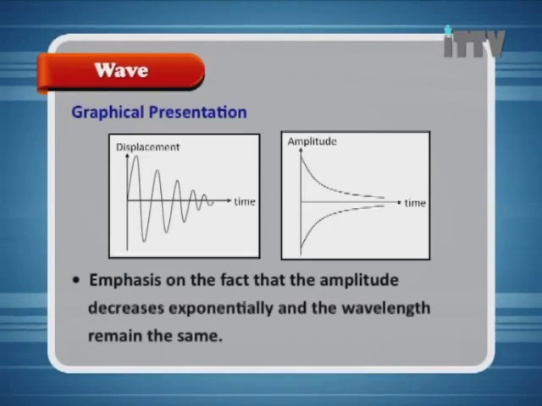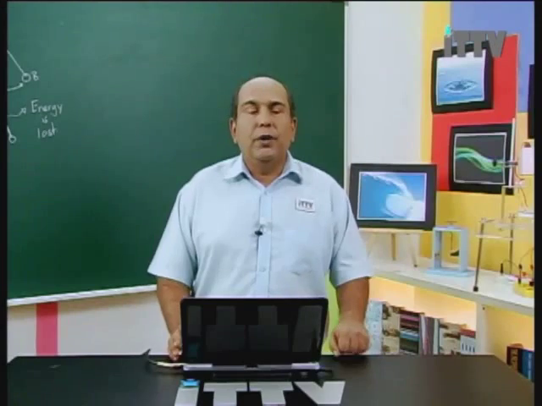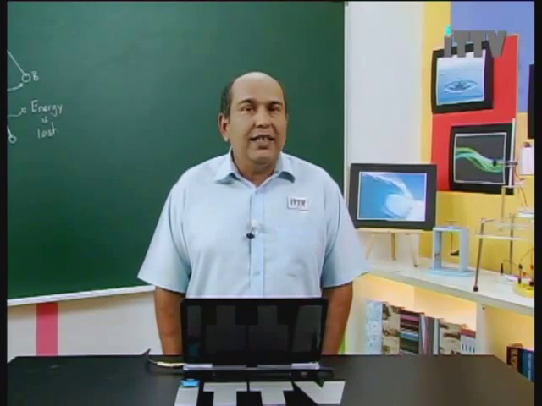So in damping, please remember this, the wavelength is not going to be affected. Only the amplitude is decreasing. So things like the wavelength, frequency, and the speed of the wave or the oscillation is unchanged. Only the amplitude decreases.